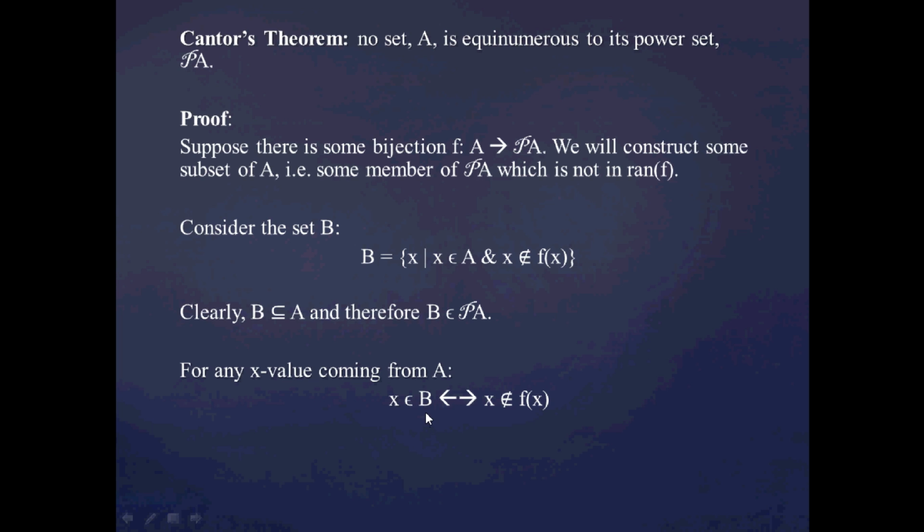For any member of one set, I should be able to find that in the other set. And so to show that two sets are unequal, I should be able to find something in one set that is not in the other set.